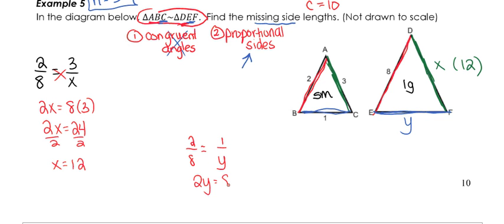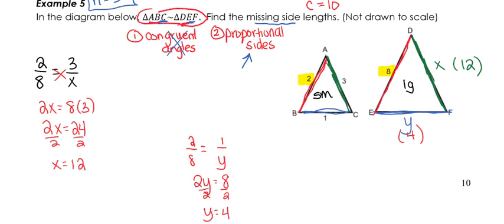So 2y equals 8, and y now is equal to 4. Which, if I look at this problem, kind of makes sense because 8 is 4 times 2, 12 is 4 times 3, and lastly, 4 is 4 times 1.